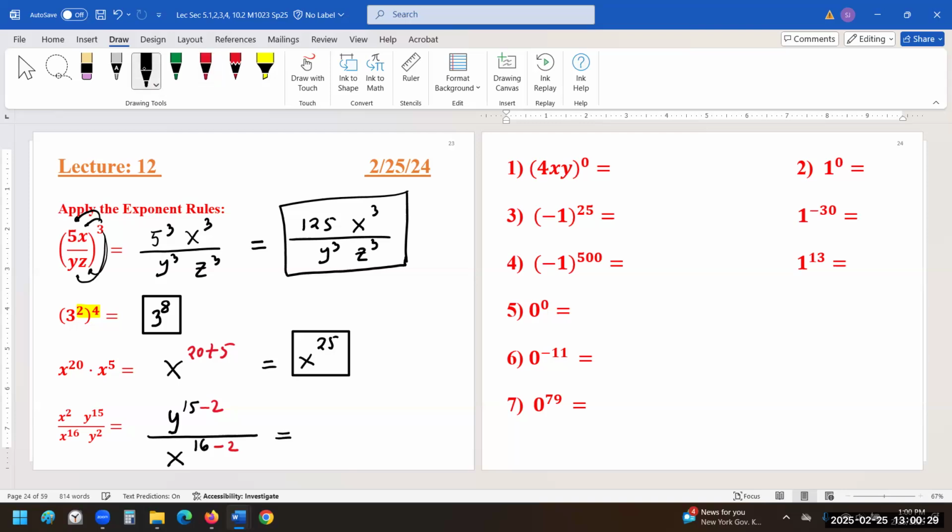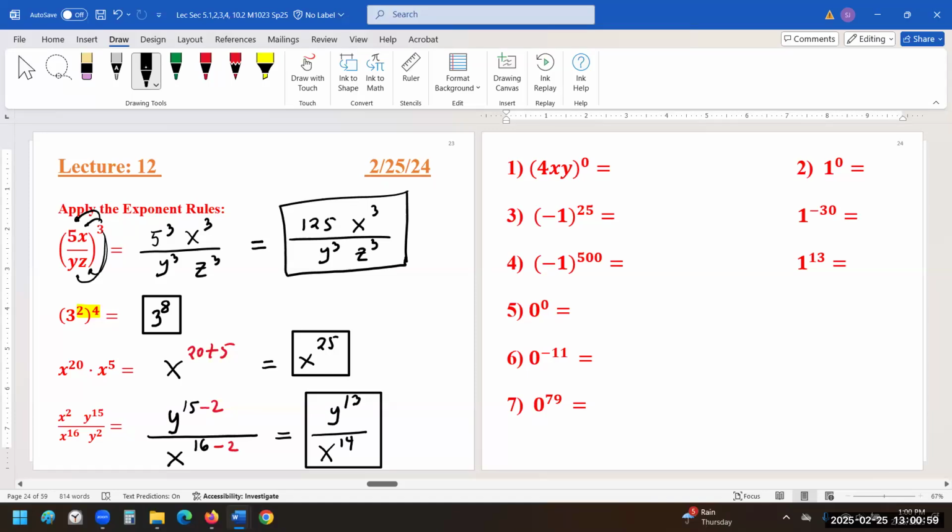And that's how he got the perfect answer. y to the 13 and x to the 14. Any questions so far? So do you remember all these rules you learned in our last class?